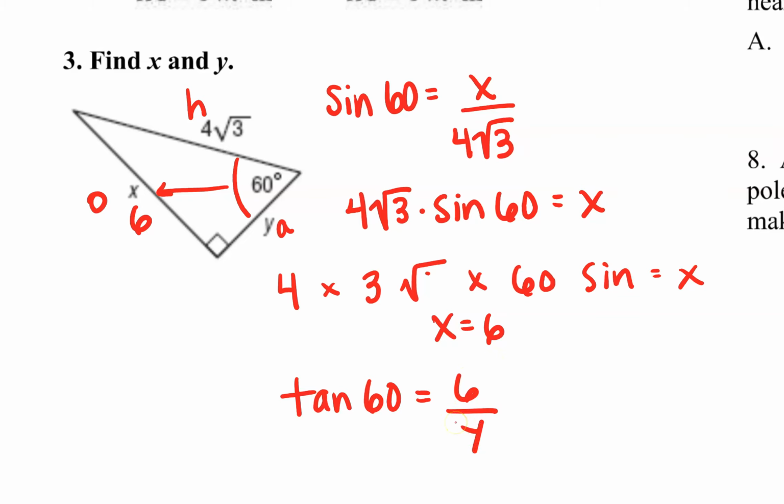Okay, again, switch their places. Let me rewrite it. Y equals 6 divided by tangent 60. These switch places. So now divide that, and it turns out to be 3.5. Okay.